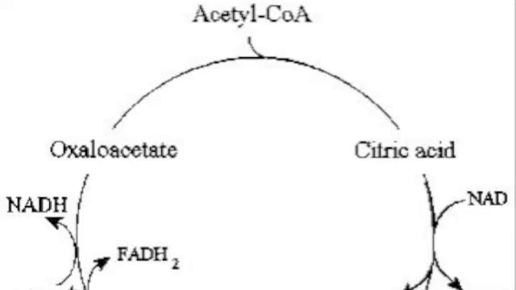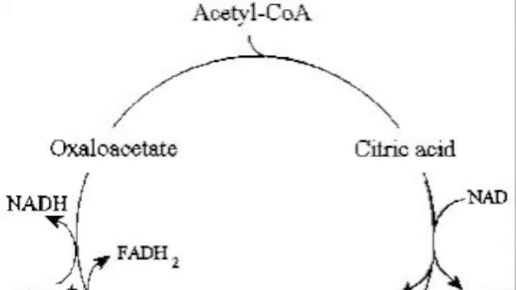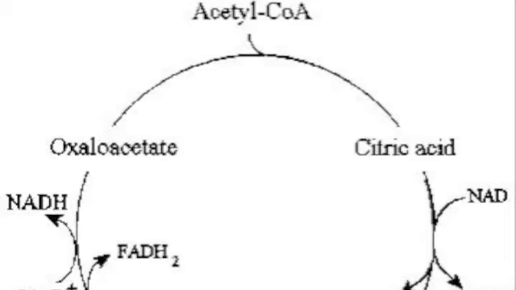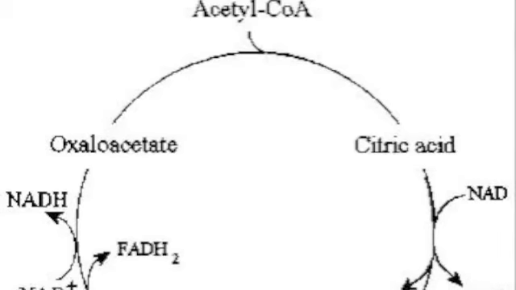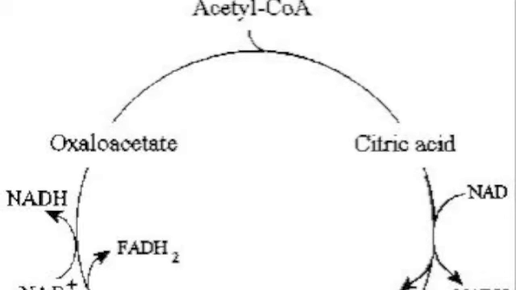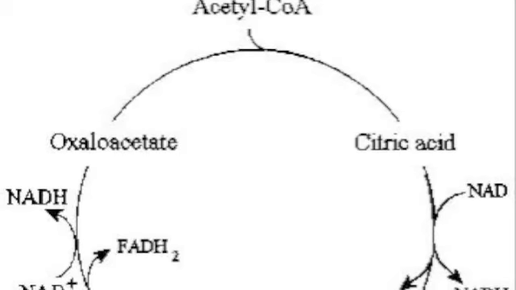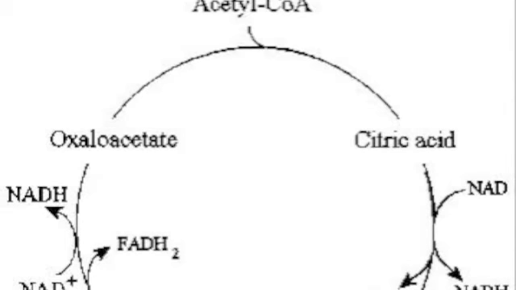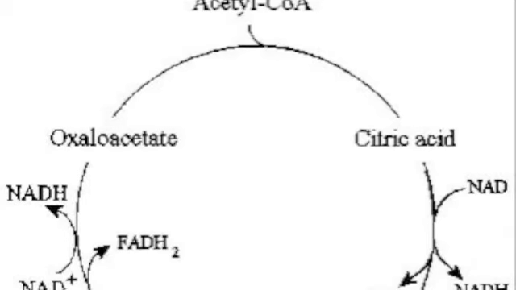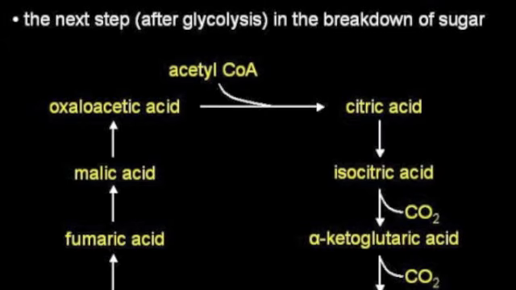Coenzyme A detaches from acetate and lets it go through the Krebs cycle, where it combines with a 4-carbon acid, oxaloacetate. This forms a 6-carbon acid called citrate. Then NAD+ is reduced to NADH, and carbon dioxide is released. This then forms ketoglutarate, a 5-carbon acid.